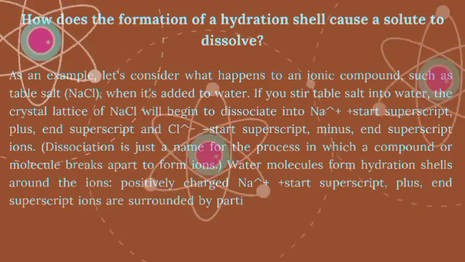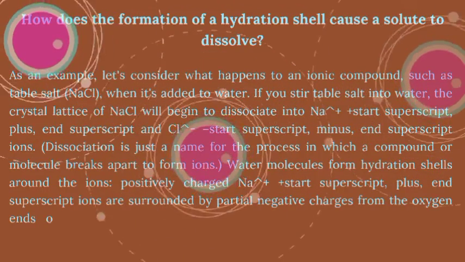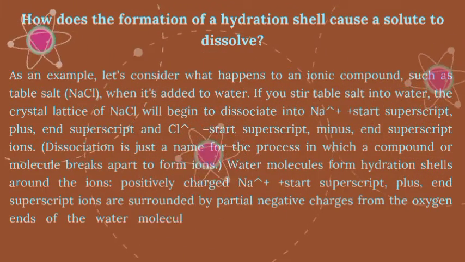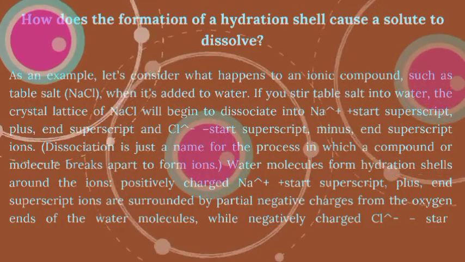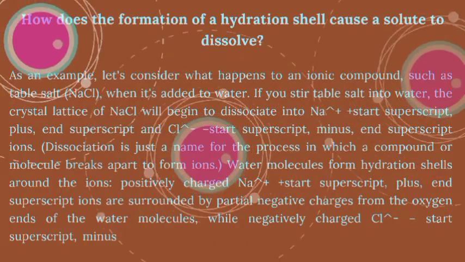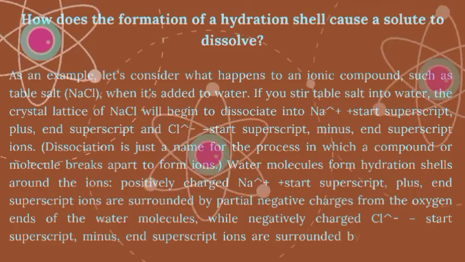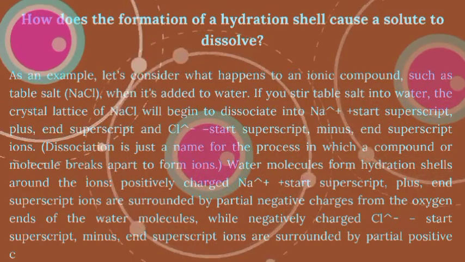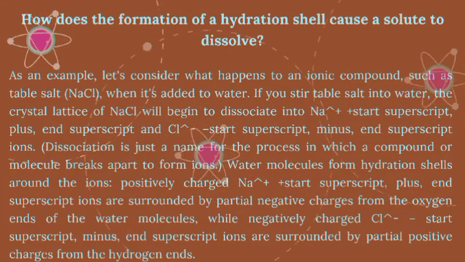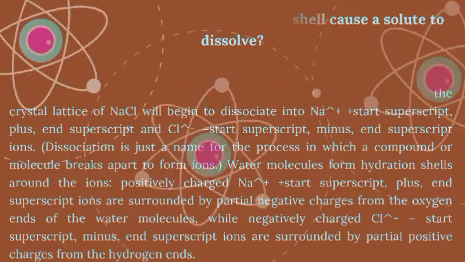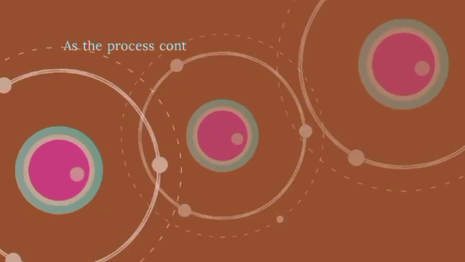Water molecules form a hydration shell around the ions. Positively charged Na+ ions are surrounded by partial negative charge from the oxygen ends of the water molecules, while negatively charged Cl- ions are surrounded by partial positive charge from the hydrogen ends.